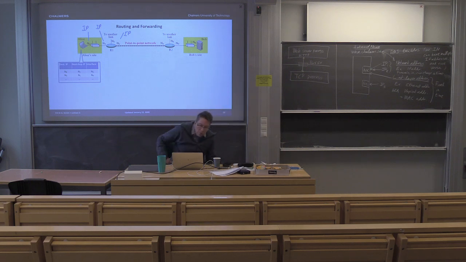To do that, Alice's computer uses an IP routing table. It's a table where you have a column for the destination IP, the next hop IP, and the interface which one should use. And the content of these are all in terms of IP addresses.